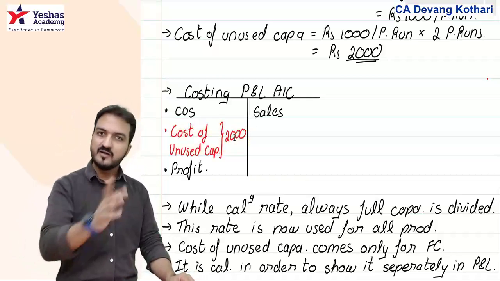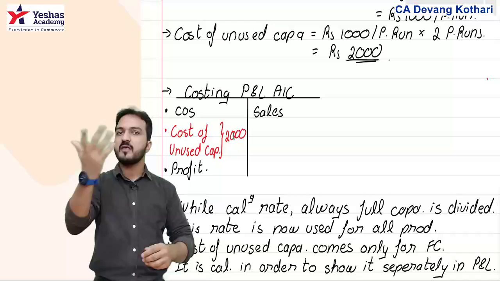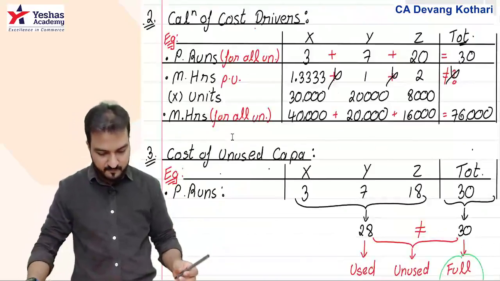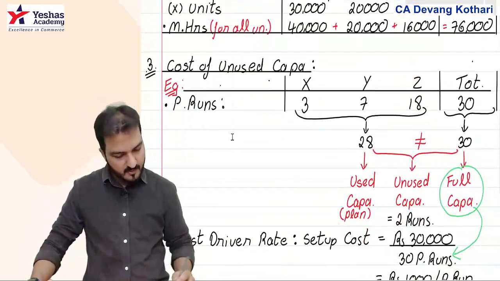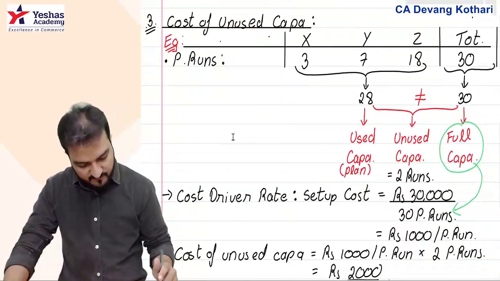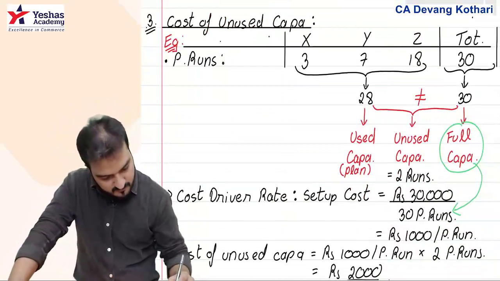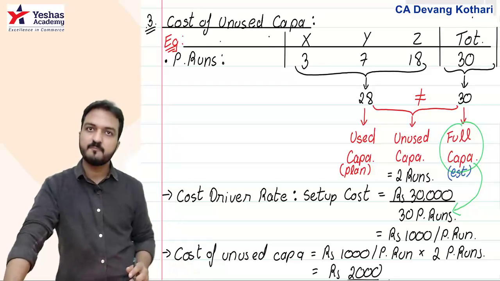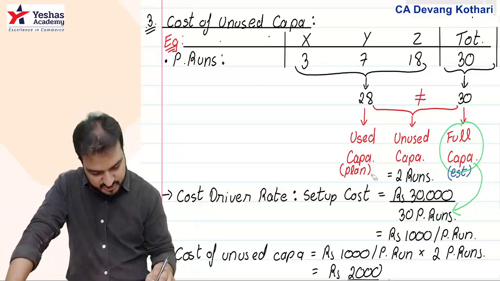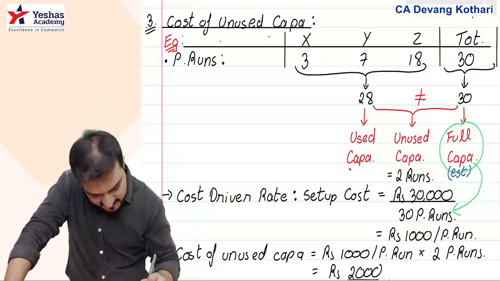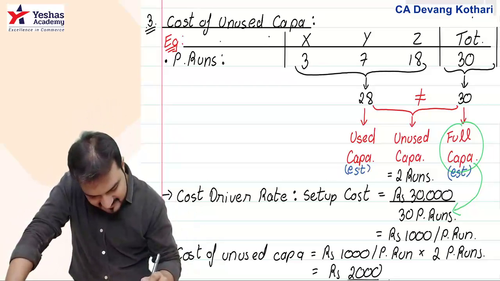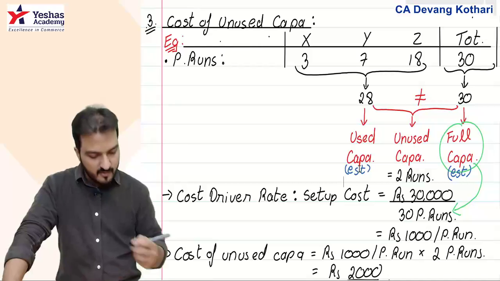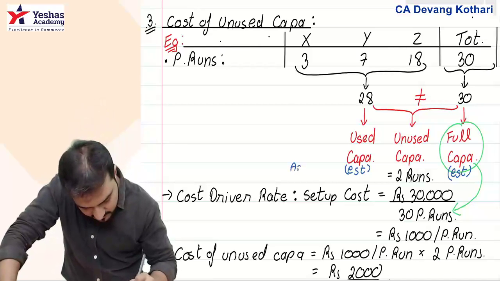While under absorption you will come to know at the end of the year. Like say, 30 units was my full capacity, estimated. 28 production runs is my used capacity, also estimated.